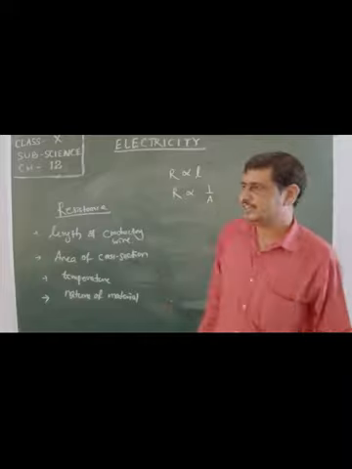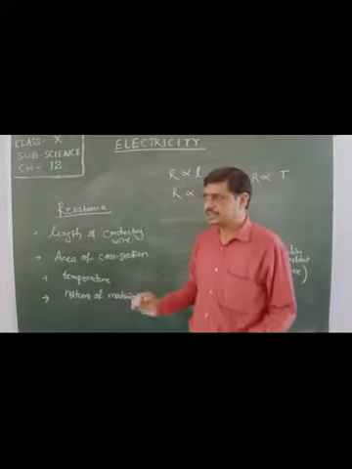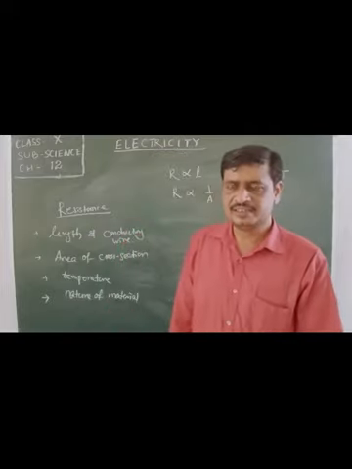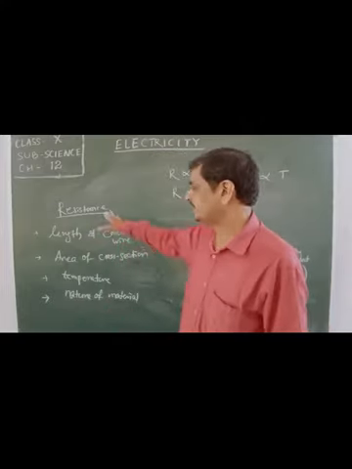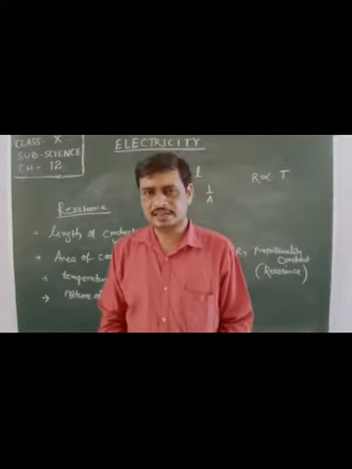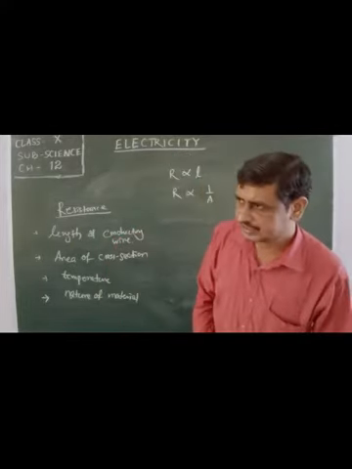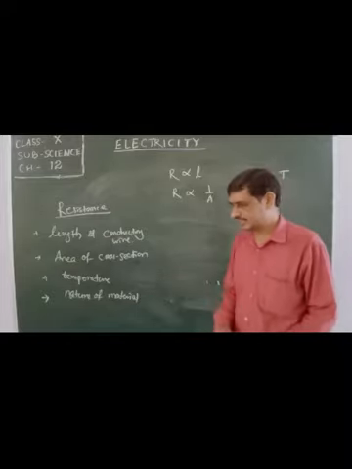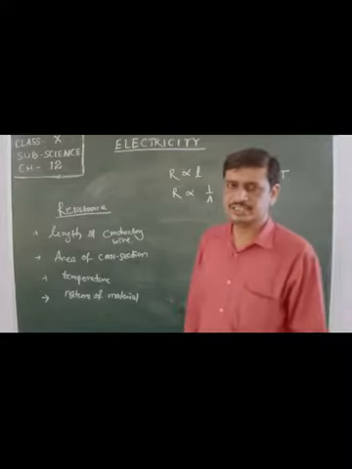If we take any certain metal, it is observed there is a fixed resistance. Even if it is 1 gram or 1 kg or any amount, the resistance of that material remains the same. That is called nature of material, or it is also called resistivity of the material.